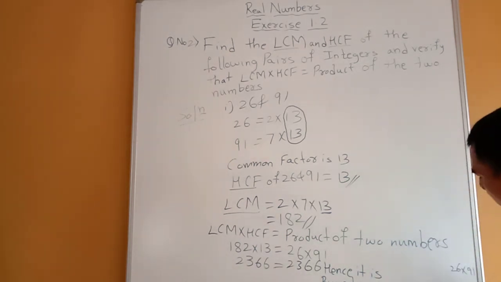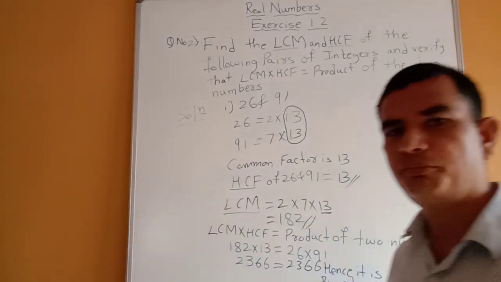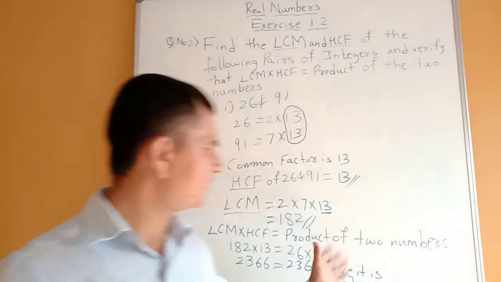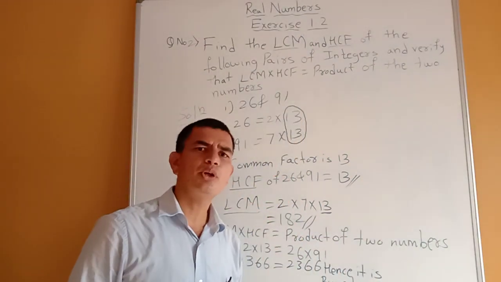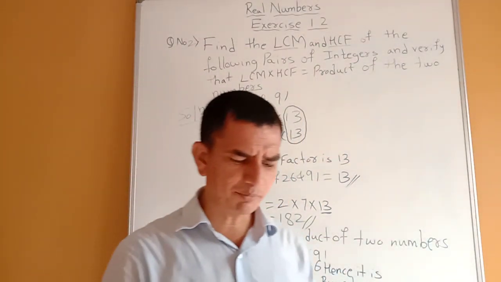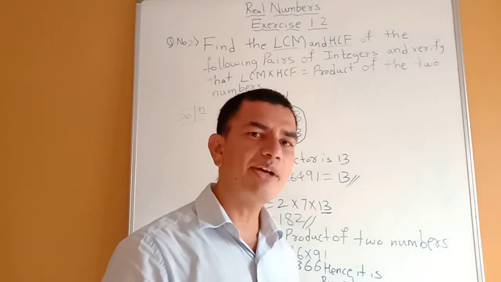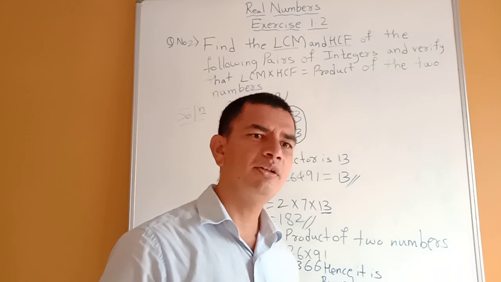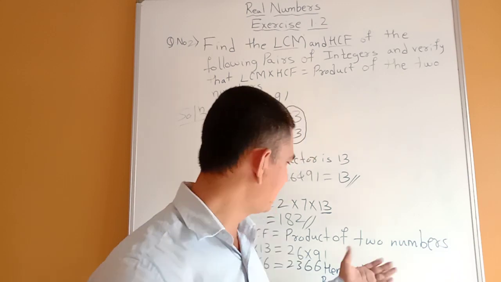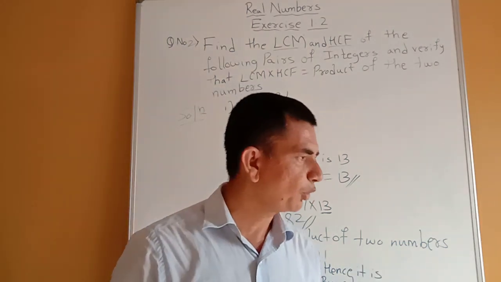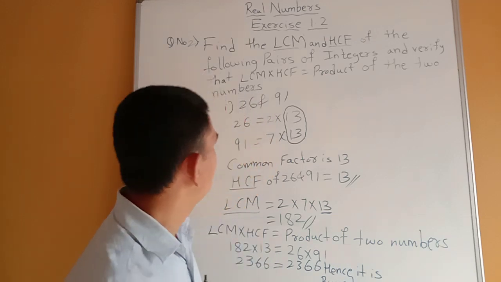And one thing you have to remember: because the numbers are big, don't write the multiplication answers directly. You have to use rough work and multiply properly. Otherwise, after doing LCM and HCF, if you do not multiply properly, you will again get a wrong answer.